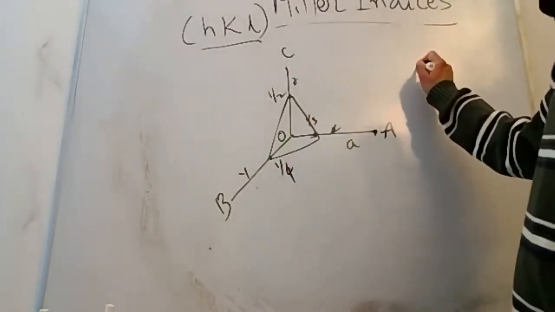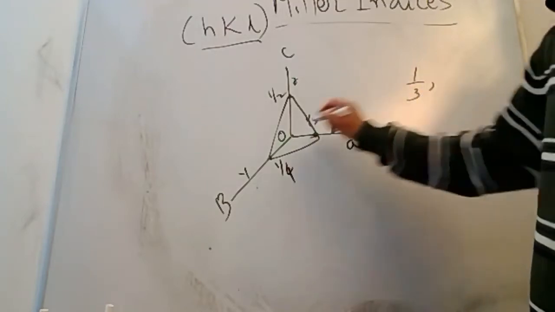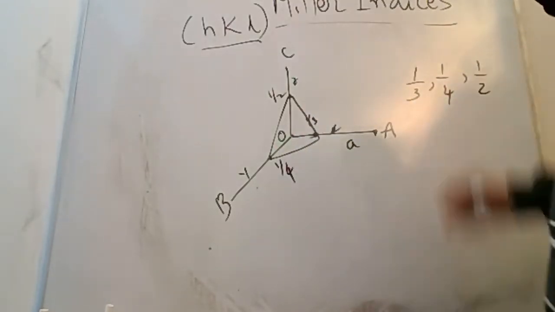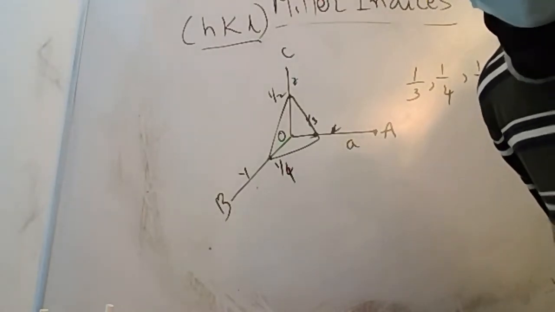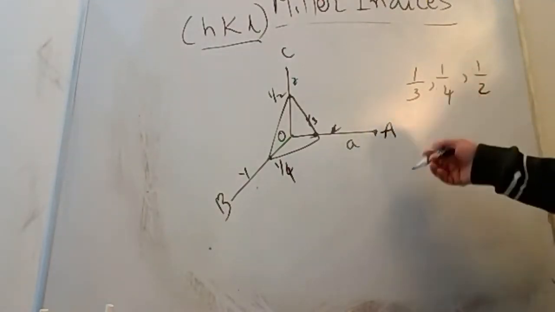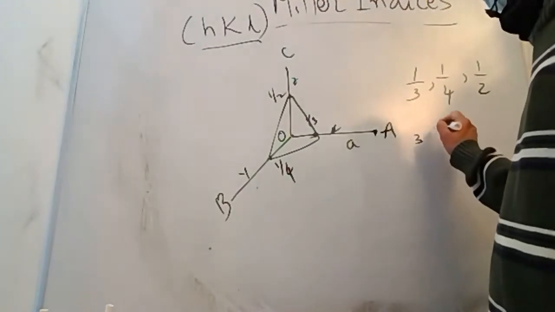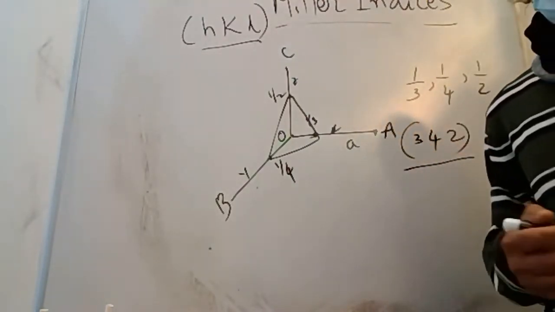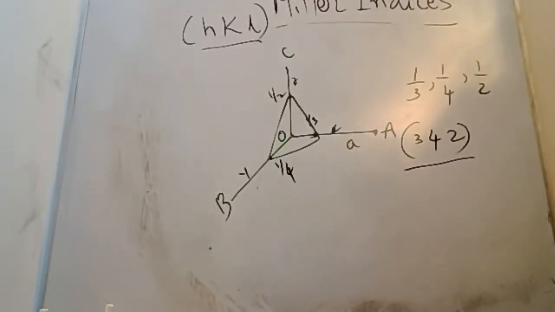So we need to write down along the x-axis is 1/3, along the y is 1/4, along the z it is 1/2. These are the fractions. And the next thing that we do is we take the inverse of this, that becomes 3, 4, 2. So that will be the HKL of that plane.